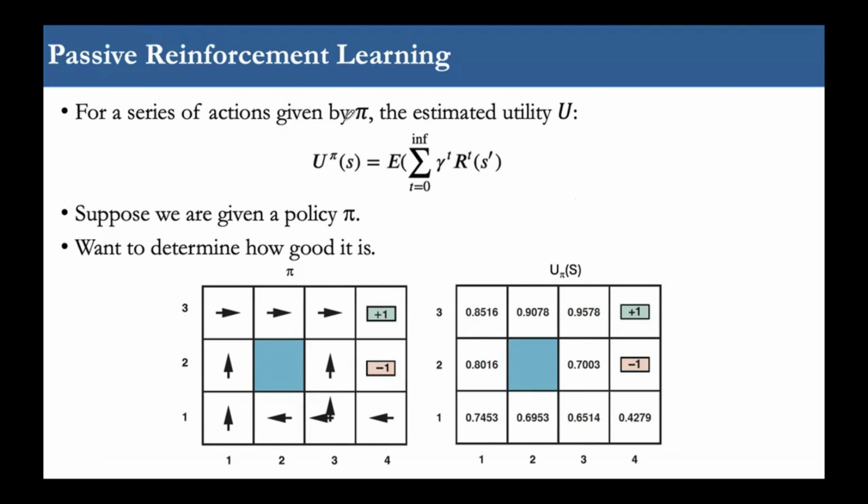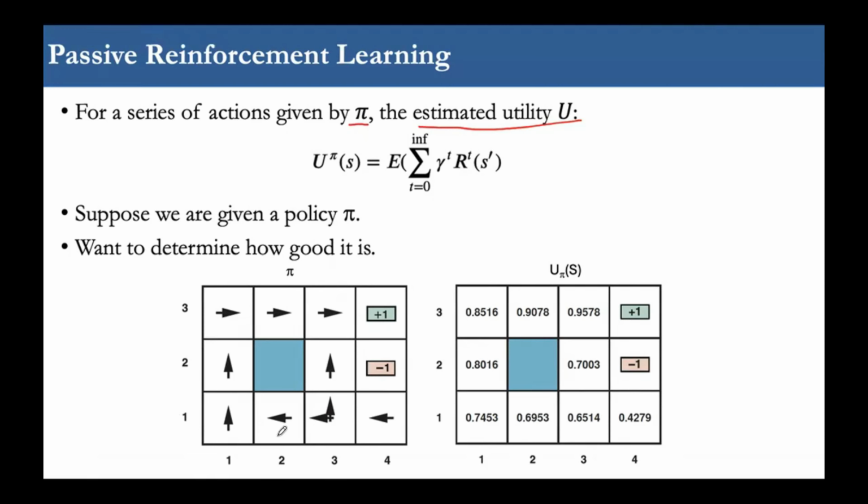For example, consider a series of actions are given. Now to calculate the estimated utility U, we use the mathematical representation U pi of S is equal to expected average of gamma as well as the reward of S dash. Consider we have the given policy in this diagram. Already we have seen this scenario.